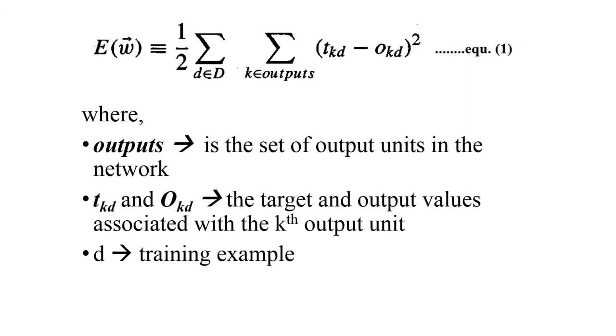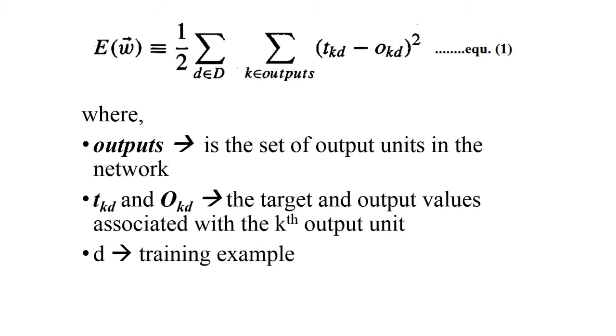Capital E of weight vector W is equal to 1 by 2 into summation for all small d belonging to capital D and for all small k belonging to outputs, (t_kd minus o_kd) the whole square.